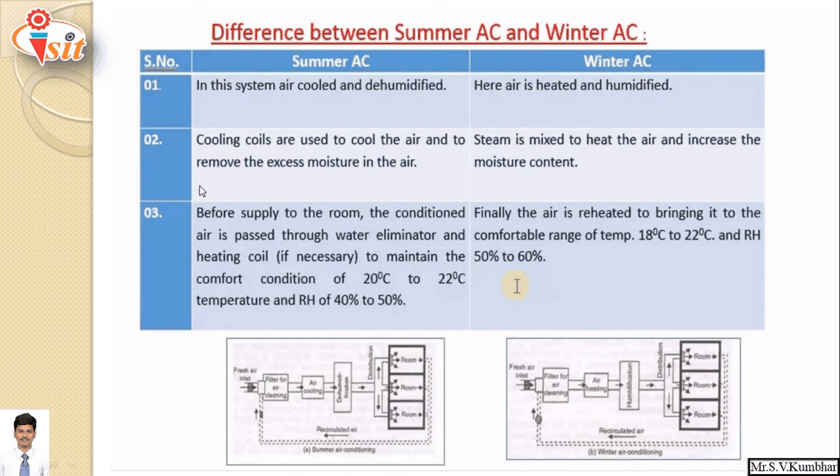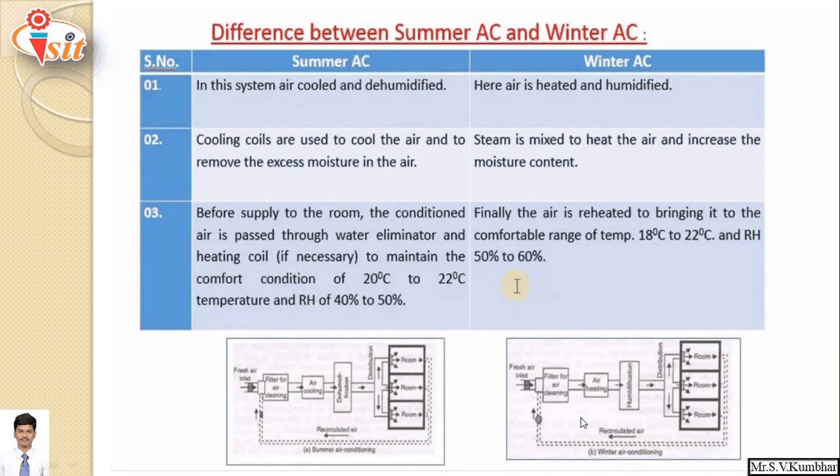Fourth point, before supply to room, the condensed air is passed through water eliminator and heating coil if necessary to maintain the comfort condition of 20 to 22 degrees centigrade, and relative humidity of 40 to 50%. And in case of winter air conditioning system, finally the air is reheated to bring it to the comfortable range of temperature 18 to 22 degrees centigrade in winter and relative humidity of 50 to 60%.